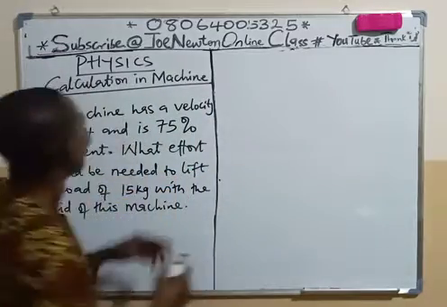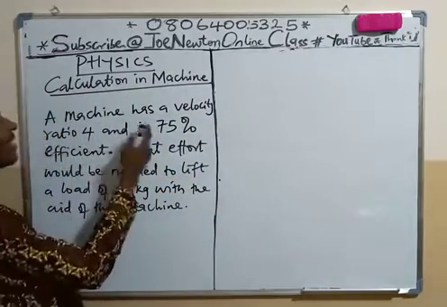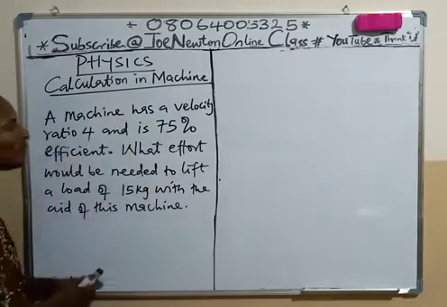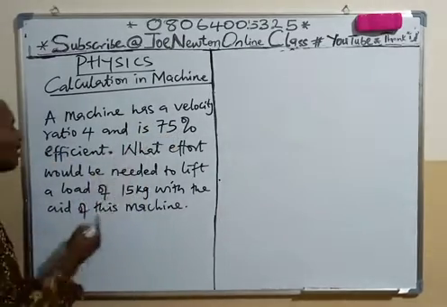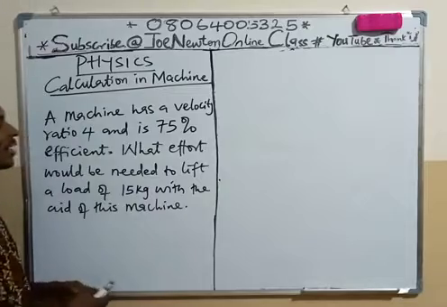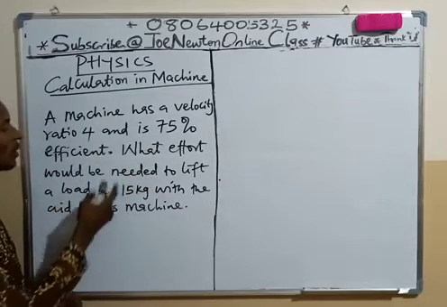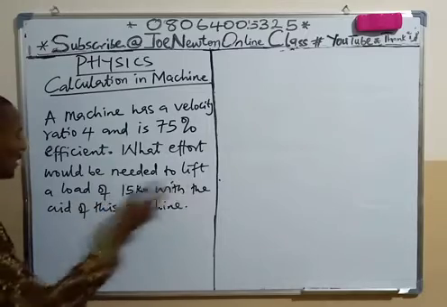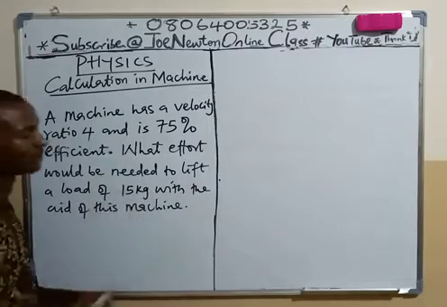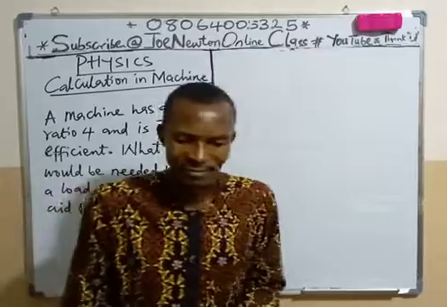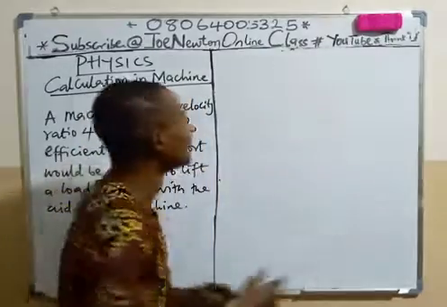The question says a machine has a velocity ratio 4 and is 75% efficient. Now, what effort would be needed to lift a load of 15 kilograms with this machine? So now let us look at the solution.